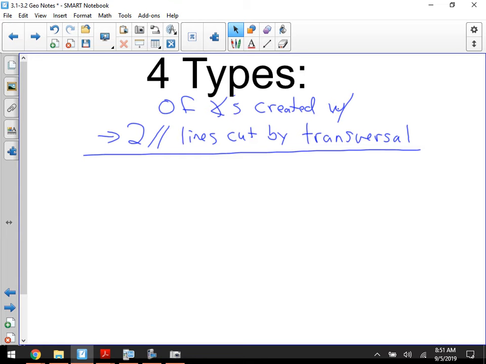We have a symbol that shortens up the writing of two parallel lines cut by a transversal also. And it looks like this. Whenever you see that, this stands for two parallel lines cut by a transversal.